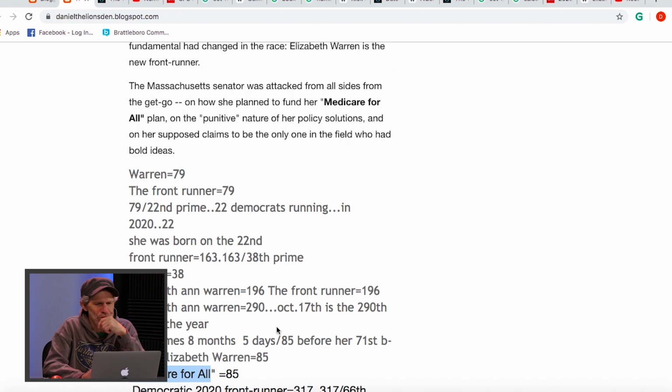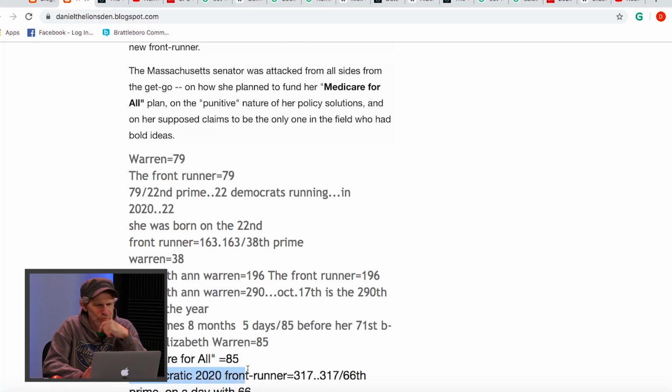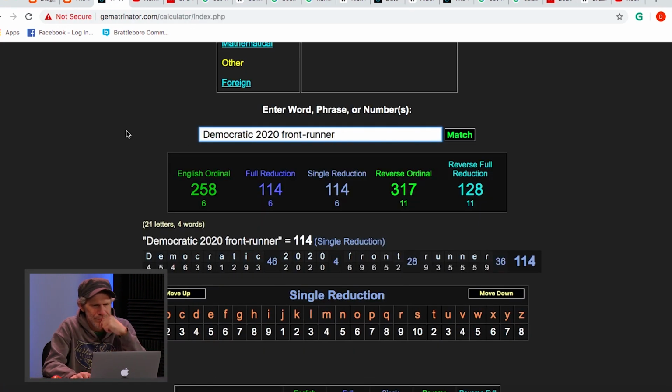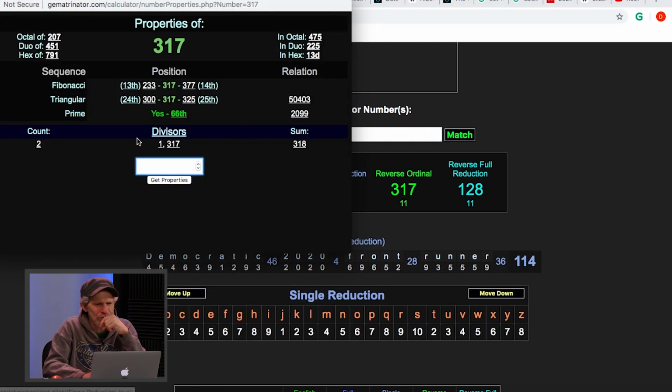So also I noticed this. She's the Democratic frontrunner, 2020 frontrunner. If you take this, it equals 317. See that? Equals 317. And 317 happens to be the 66th prime number.